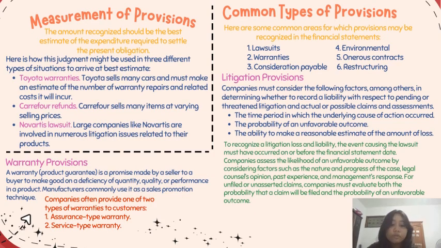So, to recognize a litigation loss and liability, the event causing the lawsuit must have occurred on or before the financial statement date. Companies assess the likelihood of an unfavorable outcome by considering factors such as the nature and progress of the case, legal counsel's opinions, past experience, and management's response.